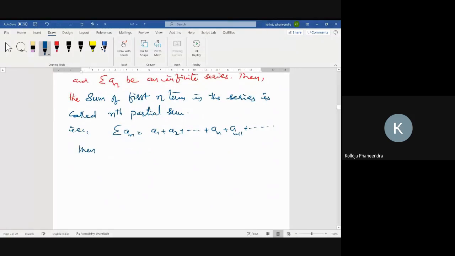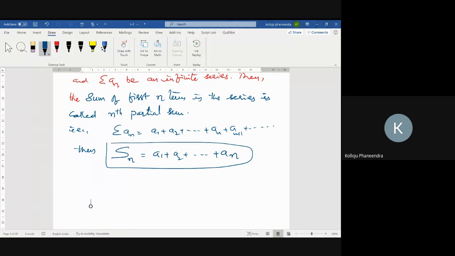Then the nth partial sum is denoted by Sn, meaning Sn equals a1 plus a2 up to an, the sum of the first n terms. This is called the nth partial sum of the series.